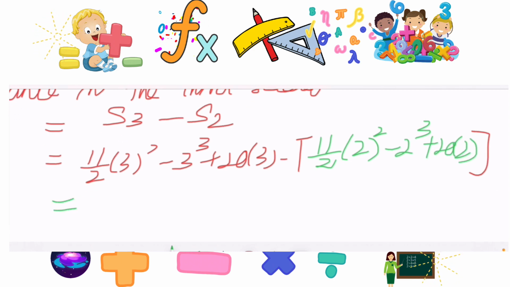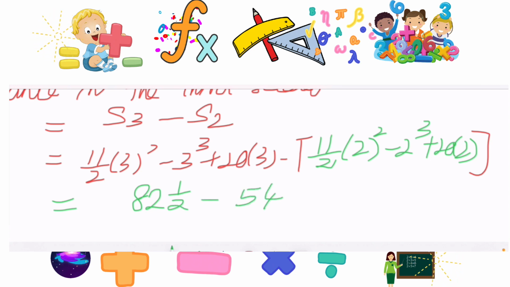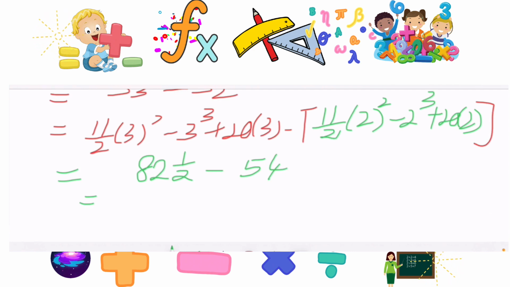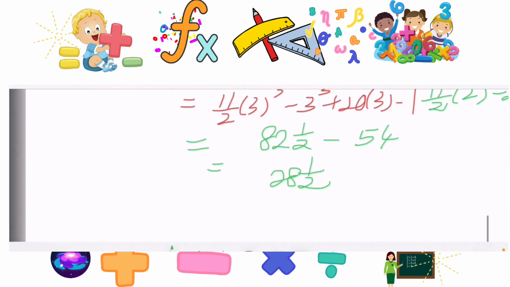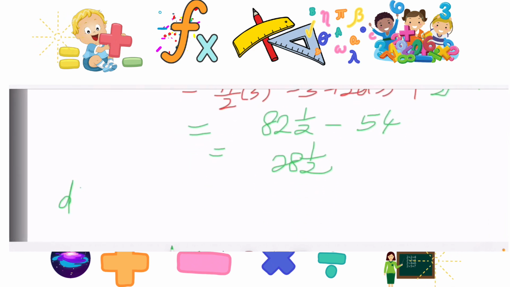So if you press the calculator, the displacement in the first 3 seconds is 82 1/3, and the displacement in the first 2 seconds is 54. Hence, the displacement in the third second is 28.5.